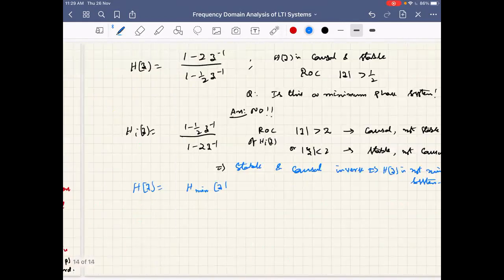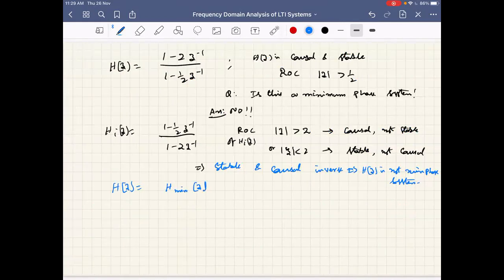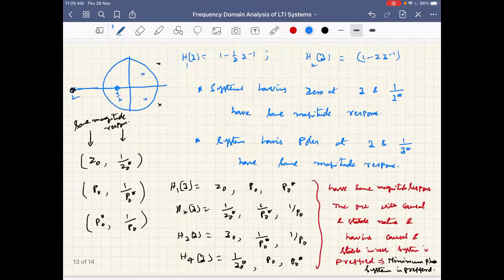So given that understanding, can I decompose this into a minimum phase system and some other residual system, while the magnitude response stays the same? As you can see, among all these systems, for the given poles and zeros, this is the minimum phase system.